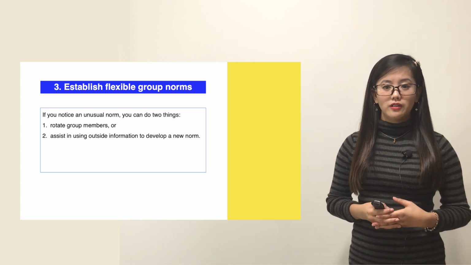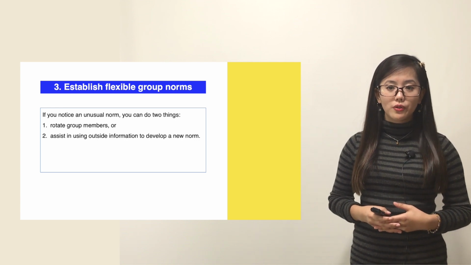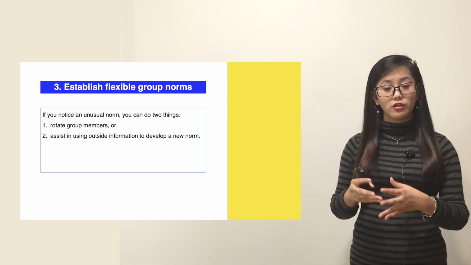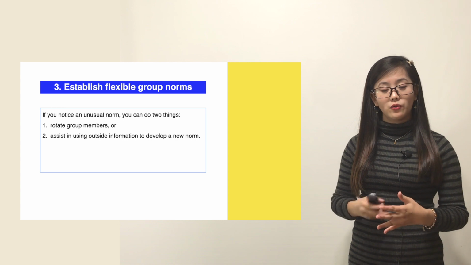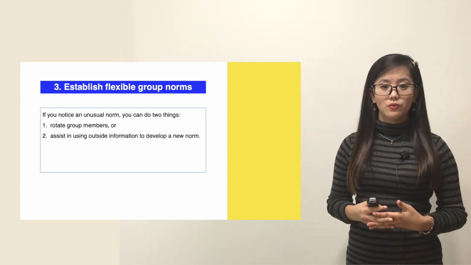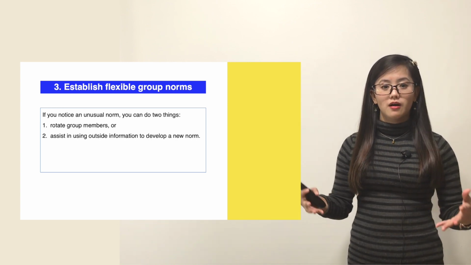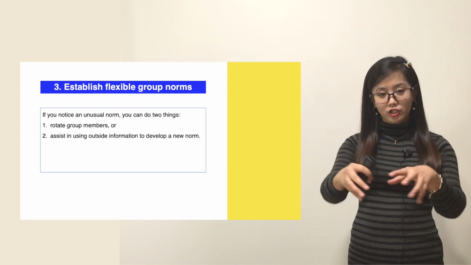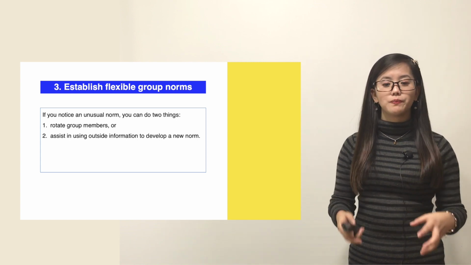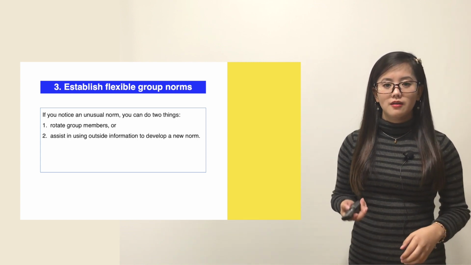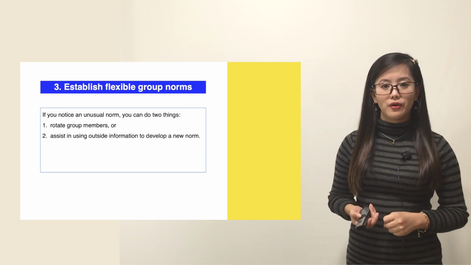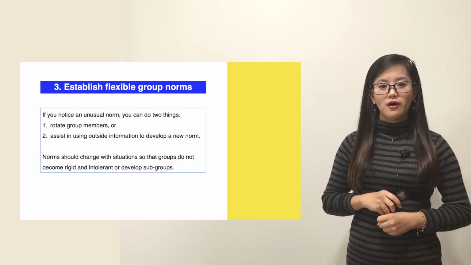You may want to establish rules for group interaction for younger students as well. So you can help them with these kinds of rules, especially within the group. Okay, so that is just number 3. Let's move on.